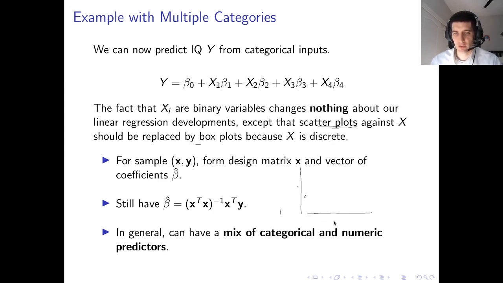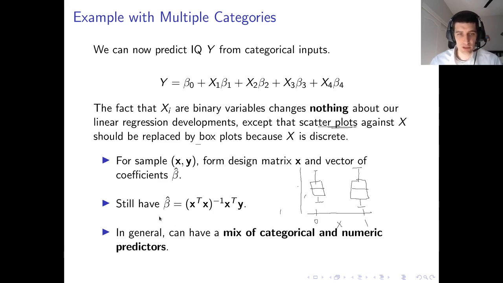You would have x 0, 1, and then put a box plot here for all the observations corresponding to x equals 0, and a box plot here for everything corresponding to x equals 1. This will tell you more information than the scatter plot will because of the structure of these x variables. But besides that, everything works as we've already discussed in the previous lectures.